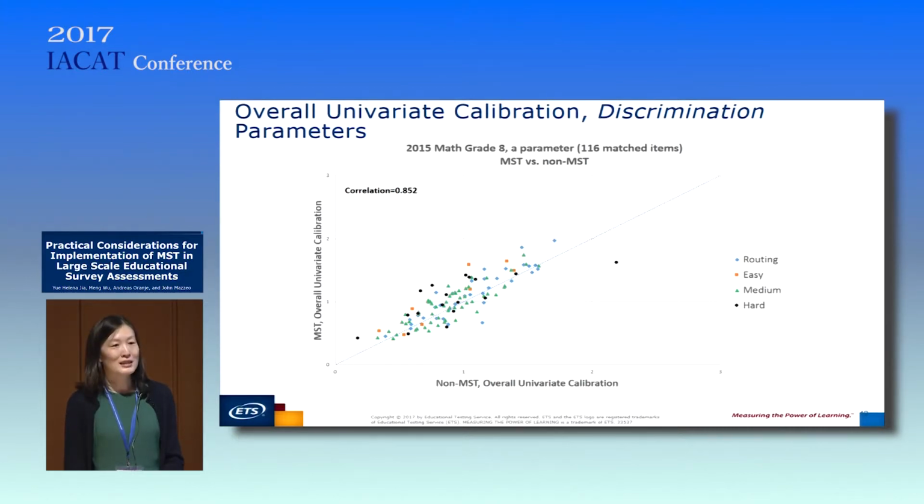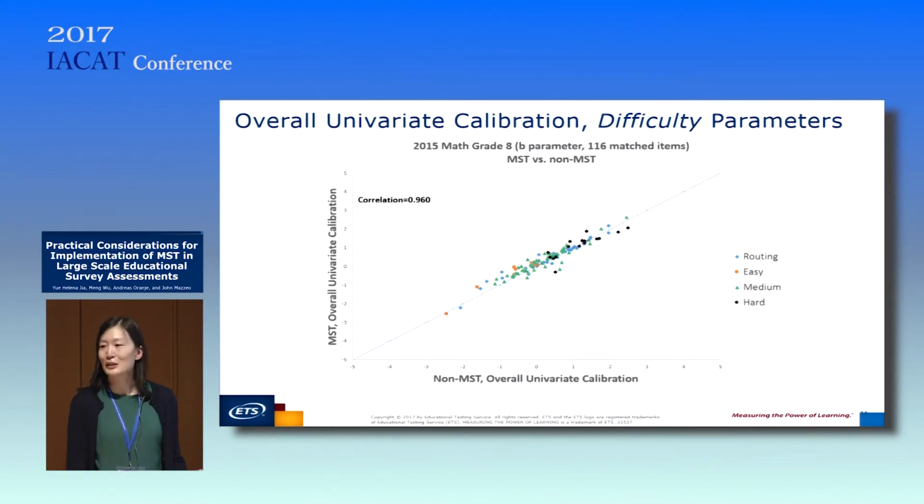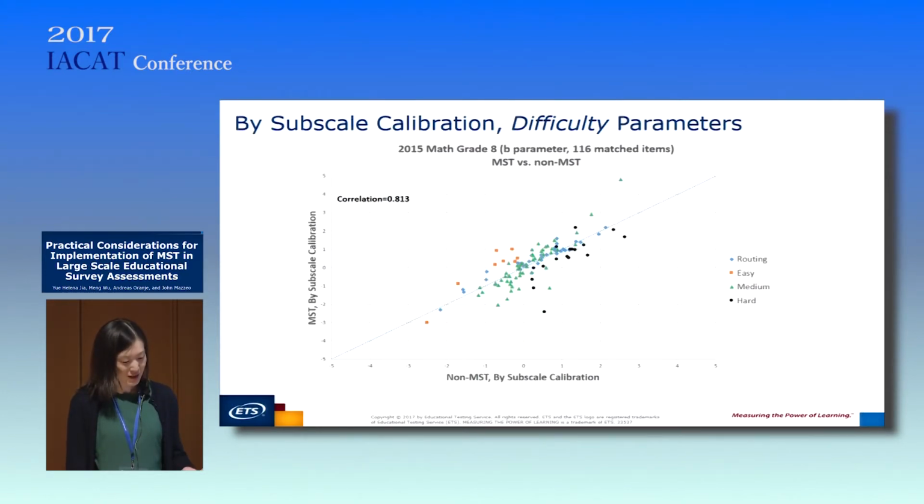But as I mentioned before, in practice we calibrate items by subscales. So what happens when you do that 5 times, only taking part of the items for the calibration, not the whole pool? Here is what you get for difficulty parameters. I don't know if you remember what you saw before. When you calibrate everything together, it looks really nice, but when you calibrate 5 times by subscale, you start to see something we as psychometricians do not really like.